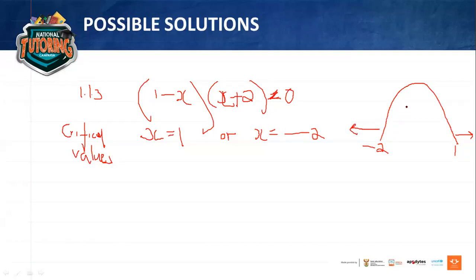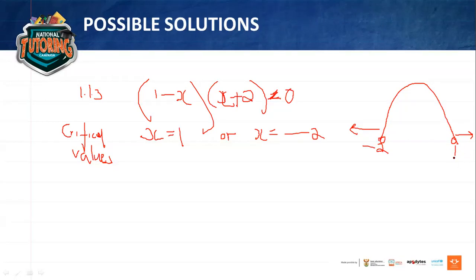It's going to be open here, and also open here, because it does not include the -2. It does not include the -1. That's how you are going to write it.